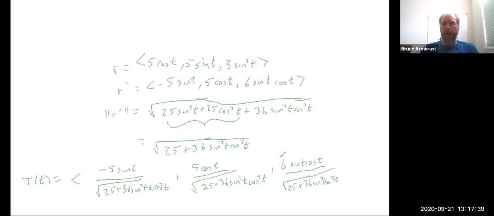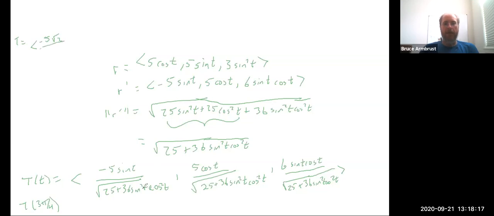Now they did give us a t value, right? They said specifically, let's look at t equaling, I think for mine it was 3 pi over 4. So now let's plug in 3 pi over 4. This is where we're going to have to remember our trig. Sine of 3 pi over 4 is root 2 over 2, so we're going to get minus 5 root 2.